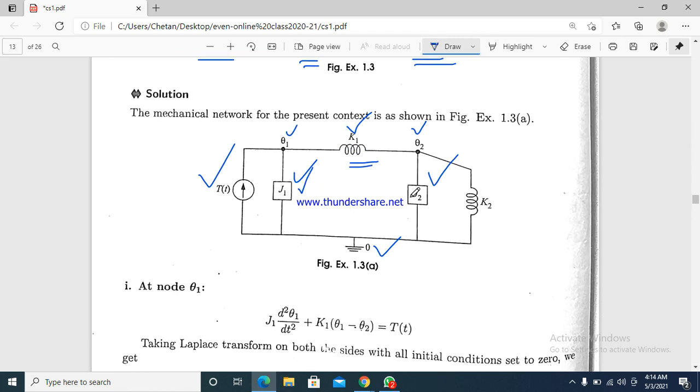Next, write down the expression for this mechanical network.